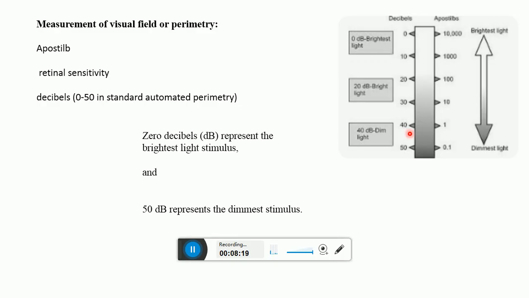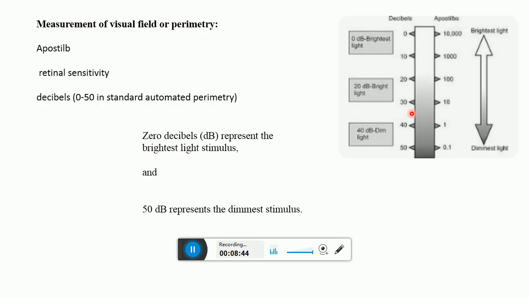On the other end of the scale, 0 decibel is the brightest illumination the perimeter can project. Essentially, the ability to identify a 35 decibel target indicates a better sensitivity of the retina than a point which can identify a 25 decibel target.